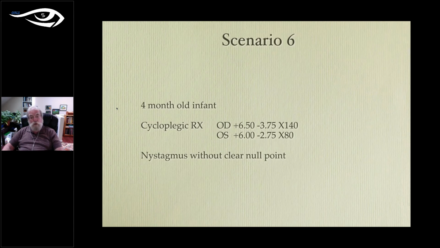The single most likely cause of early onset nystagmus in otherwise healthy infants is albinism, and in particular, ocular albinism. Let me say that again. In my experience, ocular albinism is the single most common cause of nystagmus in otherwise healthy infants and young children.